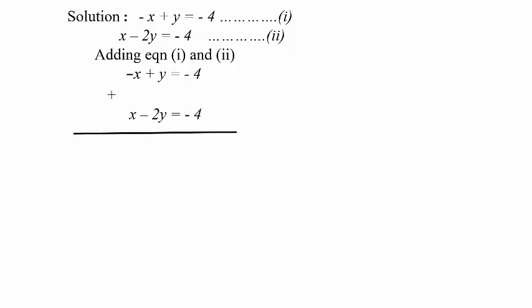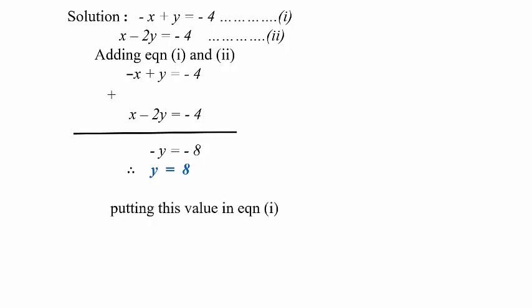So minus x plus x cancels, y minus 2y means minus y, and minus 4 plus minus 4 means minus 8. So we get minus y is equal to minus 8. Both sides have the negative sign, so finally we get y is equal to 8.